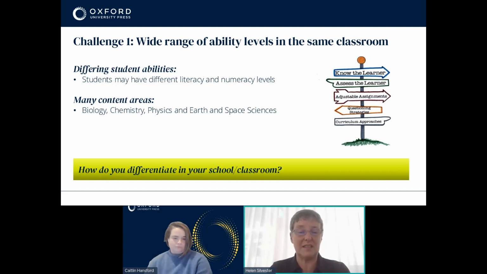So in a science department, for example, how do you differentiate in science? Do you have the same sort of resources for the EAL students or the low literacy students? Do you have a consistent approach for the high ability students? So as a department in the science area, how do you do it? Have that discussion.